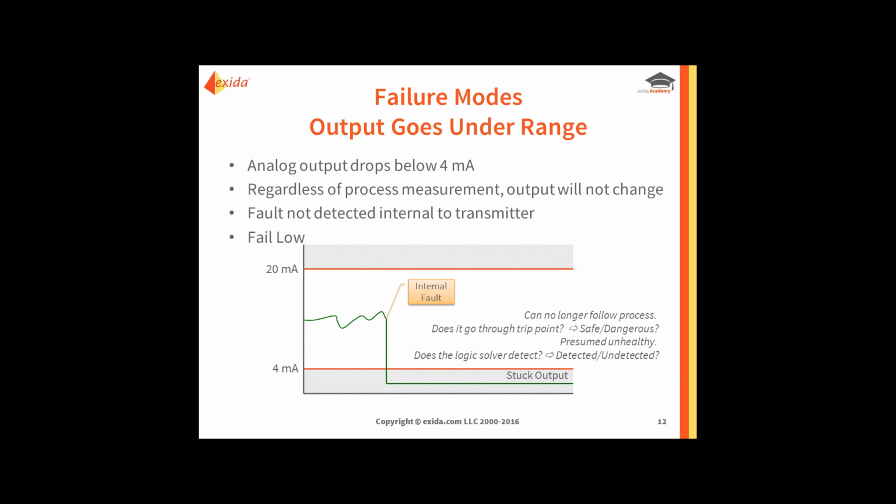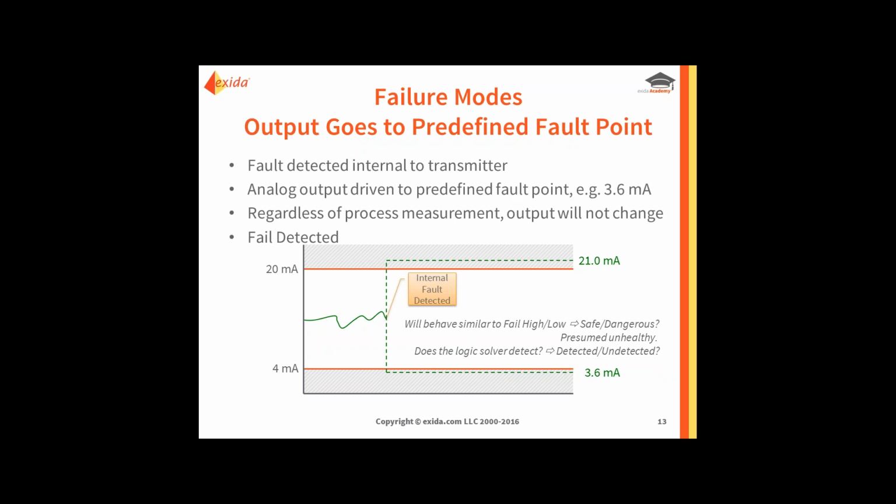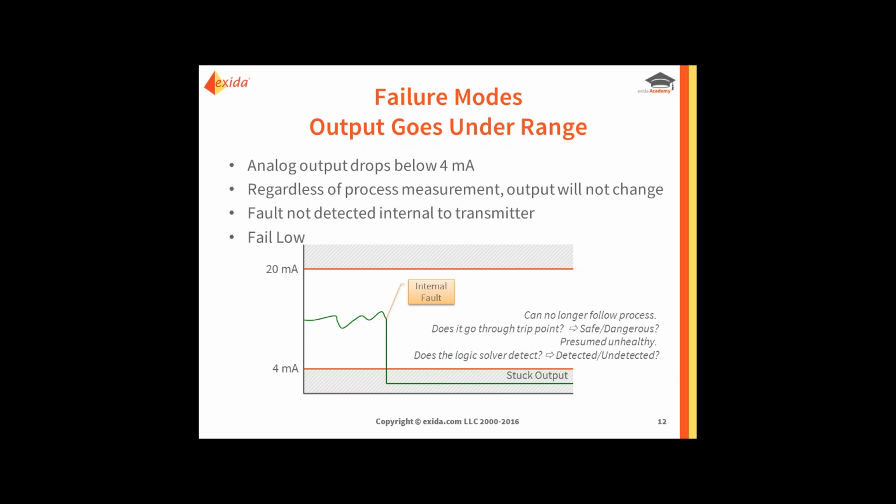There are failures in a transmitter that will drive the output to underrange, and the example will be a resistor failing open in an analog output circuit. All of a sudden you go to 0 milliamps, so you drop below the 4 milliamp range, you're under range, you're stuck there, you can no longer follow the process value. That's something that we call fail low.